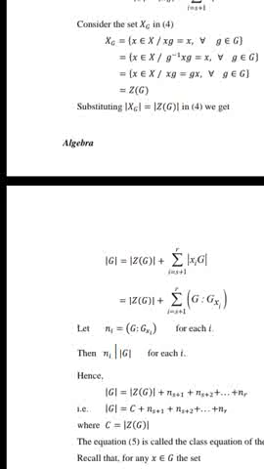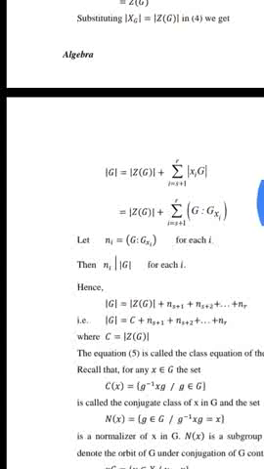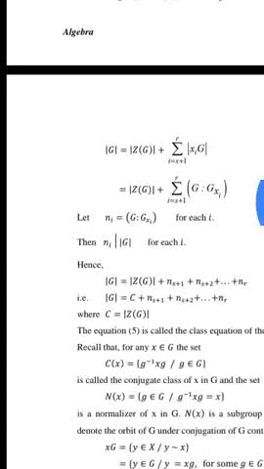Substituting the cardinality of XG as the cardinality of Z(G), we get the cardinality of G is equal to the cardinality of Z(G) plus the summation of the index of Gxi in G, for i equal to s plus 1 to r.